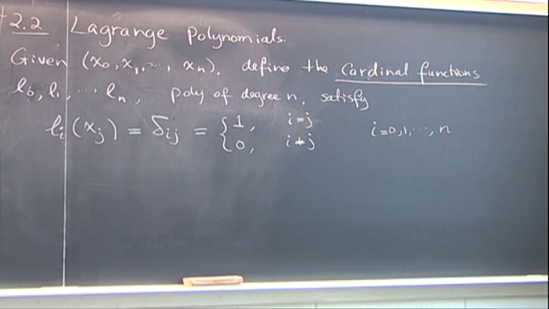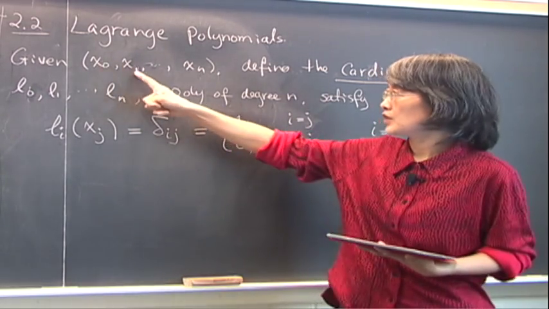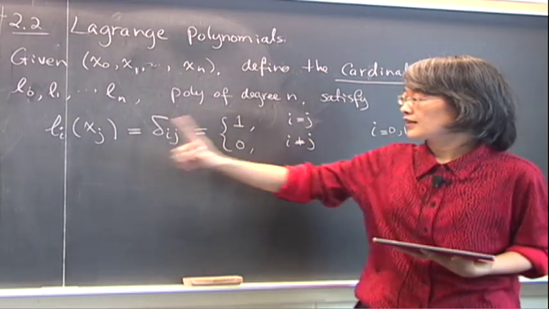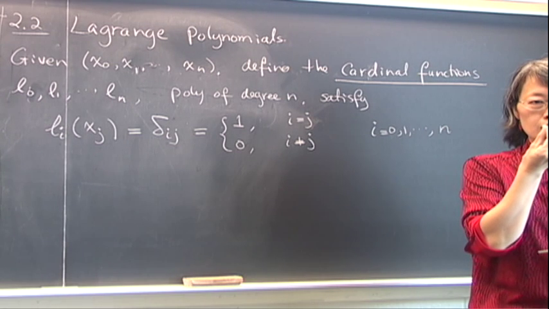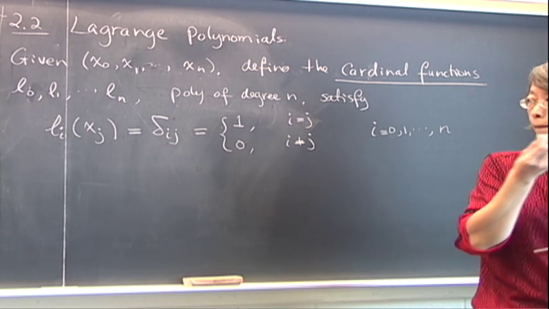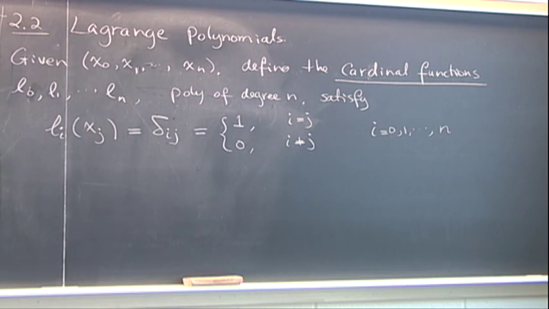So what does it mean? This basically says if I only care about the discrete points, then the cardinal function is very locally supported. Do we know the support of a function? We say a function is locally supported, meaning the function is non-zero on the interval where it's supported.